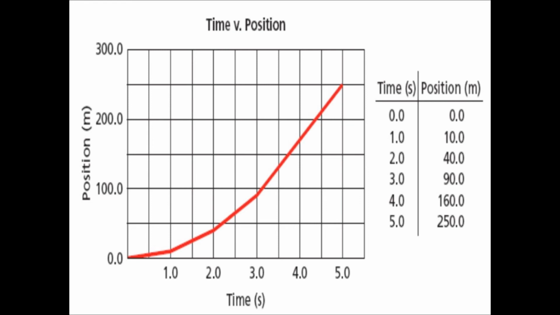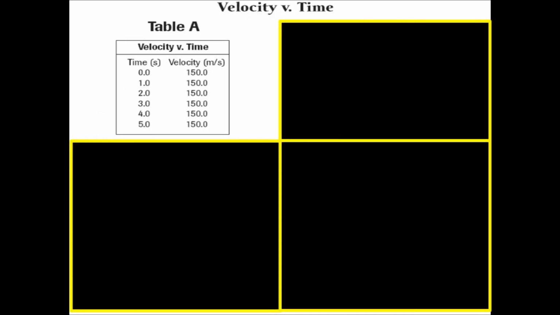Now, the next set of graphs we're going to look at are going to be velocity and time. Velocity versus time graphs. Now this one says time versus position, but in actuality you should always say y versus x. Okay, here we have velocity time data, and we see that it's not increasing, not decreasing. It remains the same.